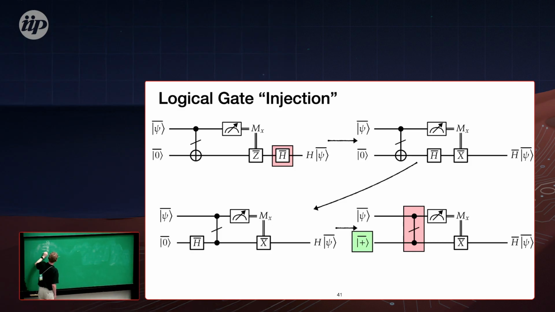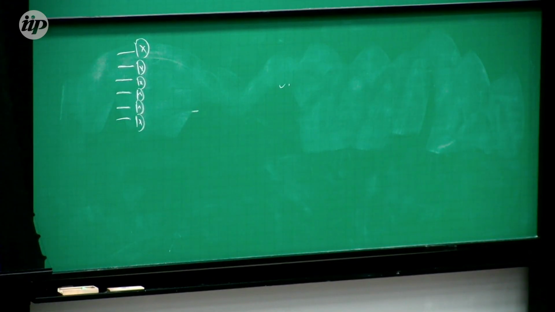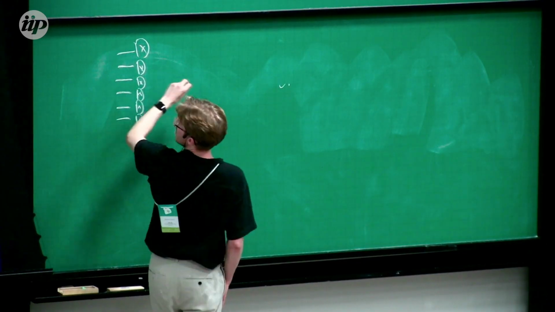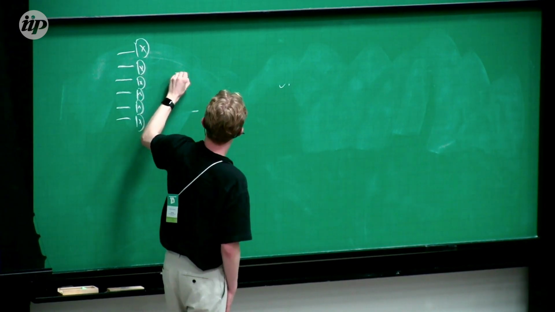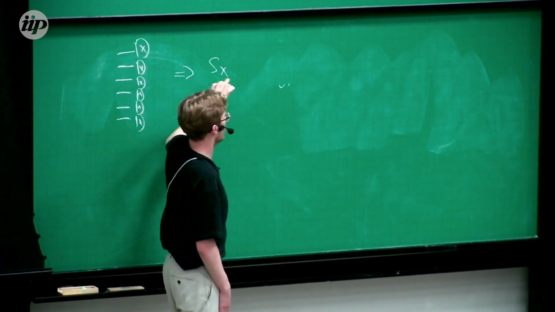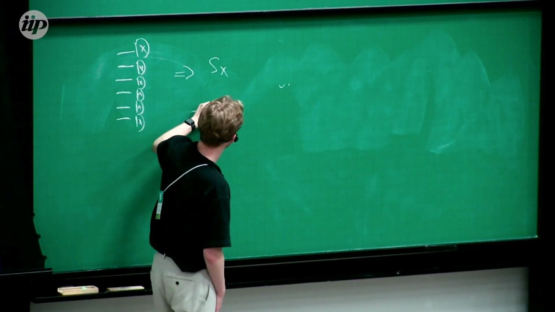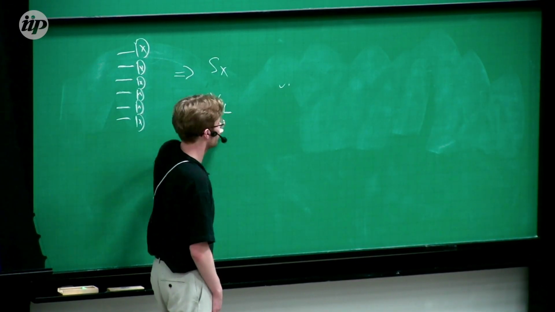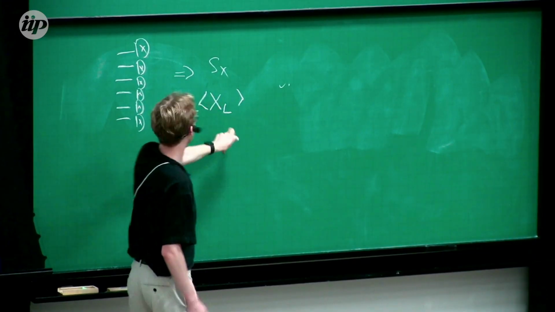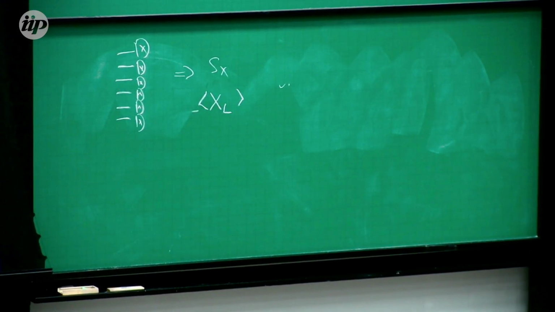These are then just single qubit teleportation circuits, but this will teleport the full entangled state. But from these X measurements, I can then infer eigenvalues of X stabilizers to also do error correction in that step. And I can infer the value of the logical operator, which will then determine whether I do this logical X correction or not.